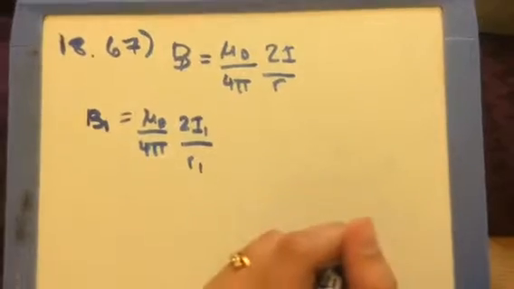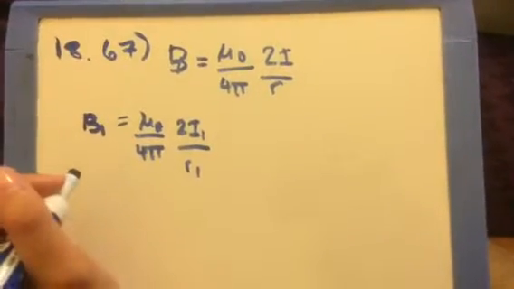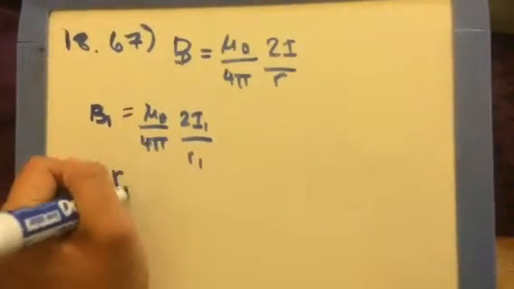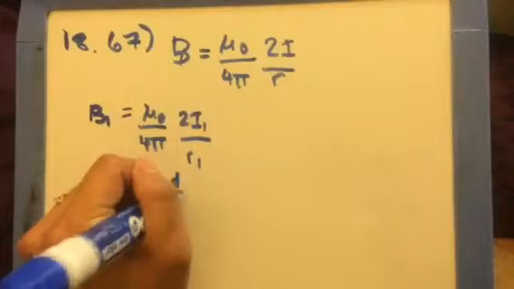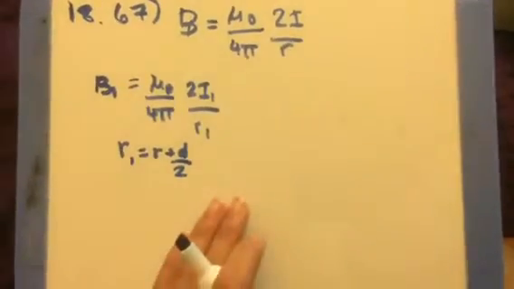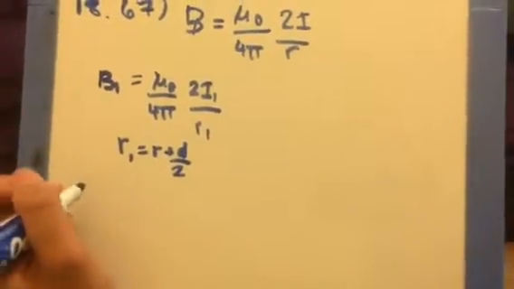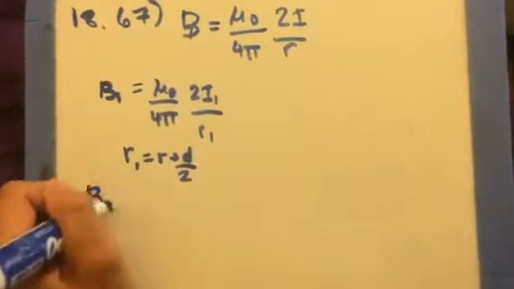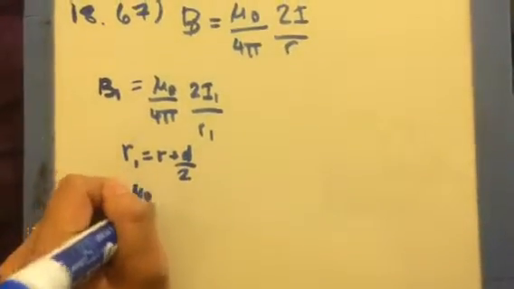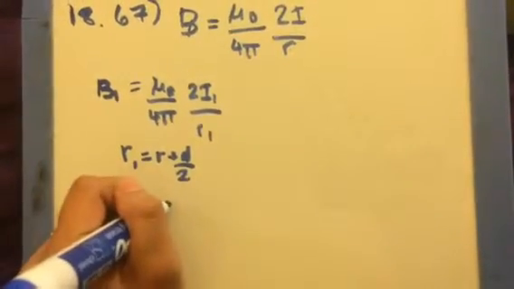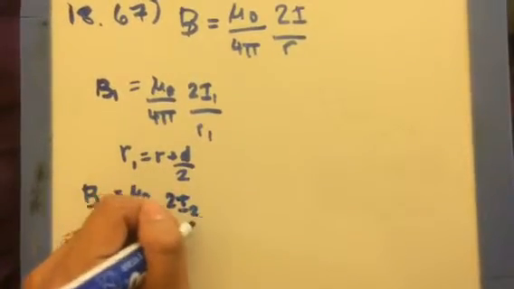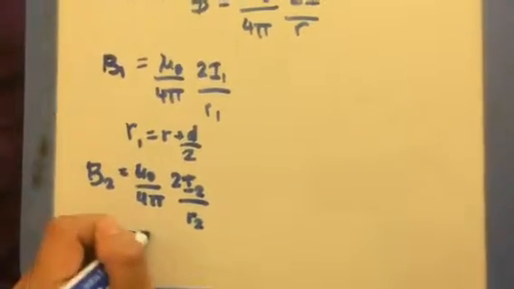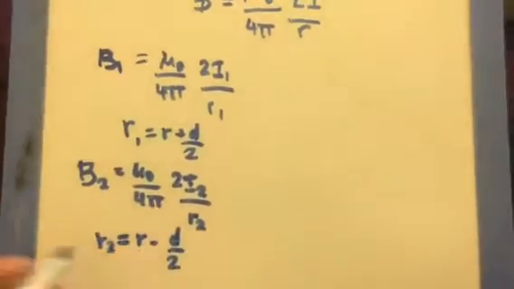The distance from the center of the first wire to the location, R1, is R plus D over 2. In that same way, the magnitude of the magnetic field due to the second wire, B2, is mu naught over 4 pi times 2I2 over R2, where R2 is R minus D over 2, right?